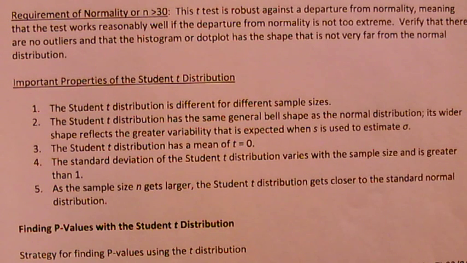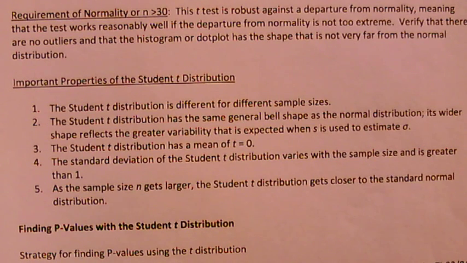Your t-distribution has the same general bell-shaped curve as the normal distribution. Its wider shape reflects the greater variability that is expected when s is used to estimate your population standard deviation, and s is your sample standard deviation. Number 3, the t-distribution has a mean of t equal to 0.